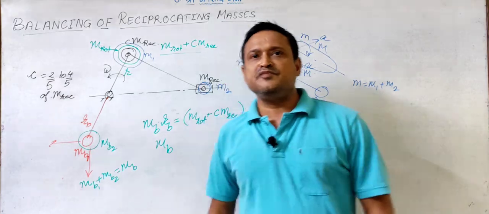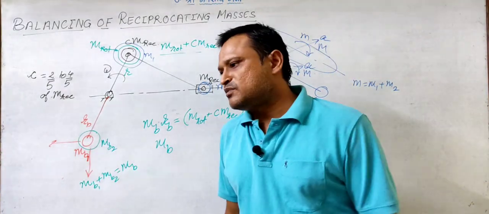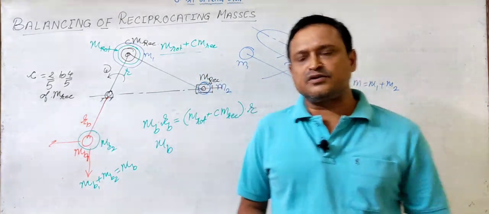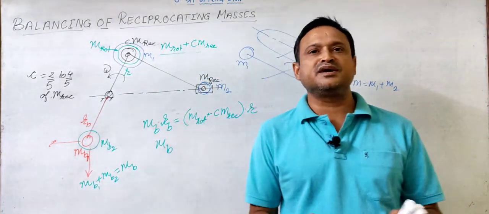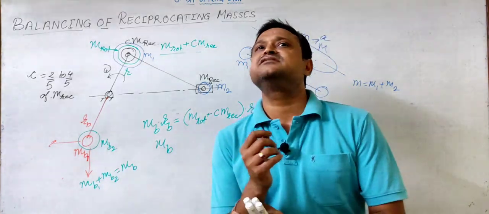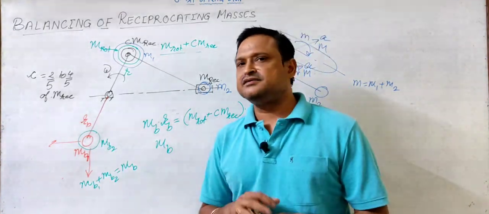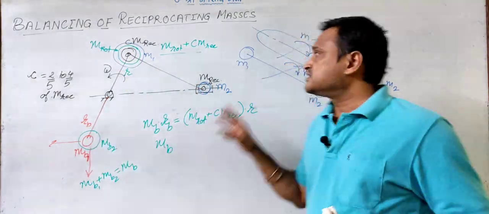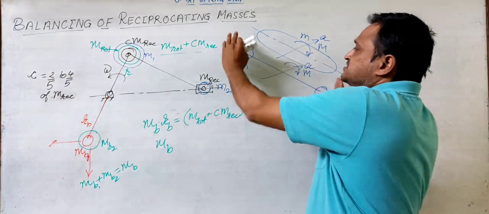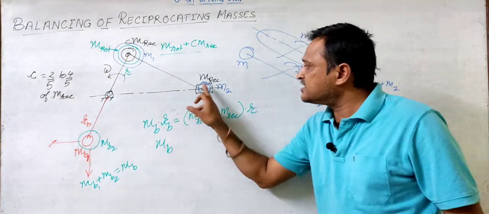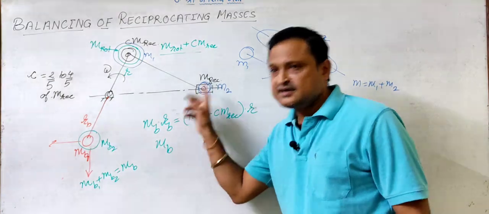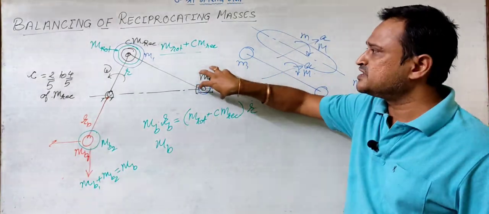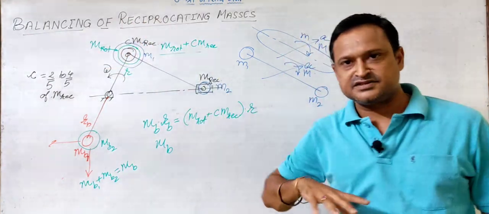So when we say this is the reciprocating mass in a given problem, that means it is including the distributed mass of the concentrated mass which has been separated out at the crank pin and at the slider, and that is considered as the whole reciprocating mass and whole rotating mass, right?